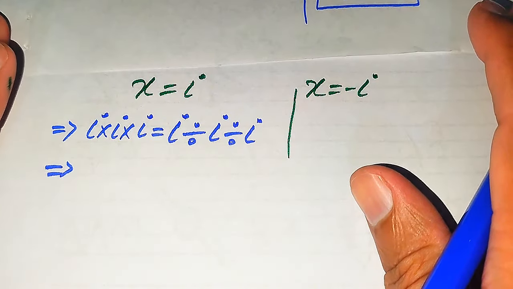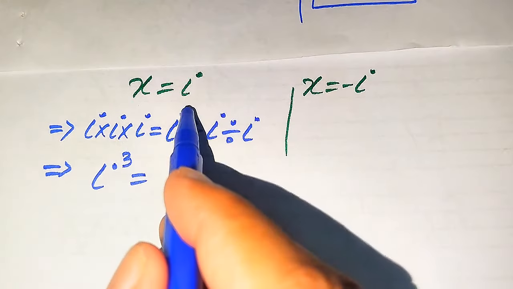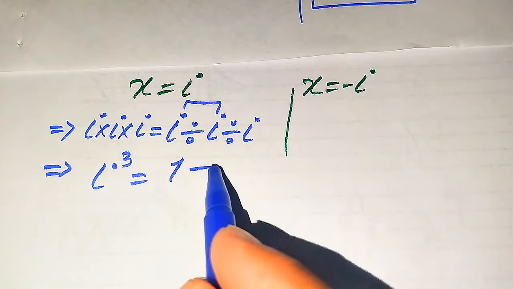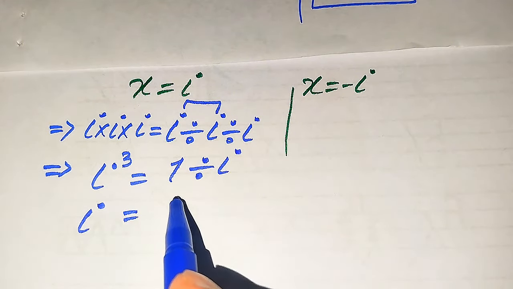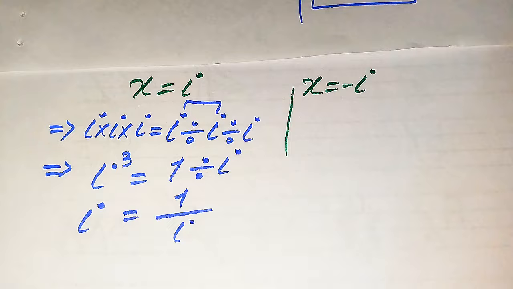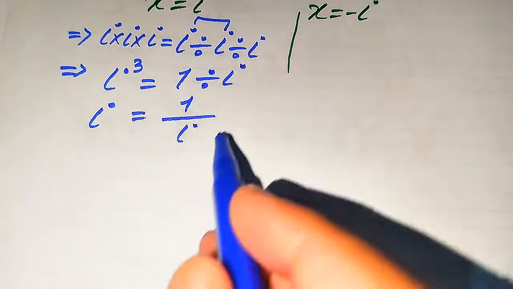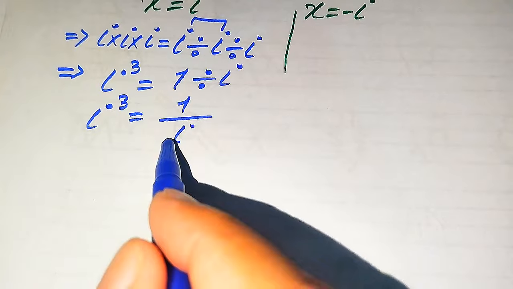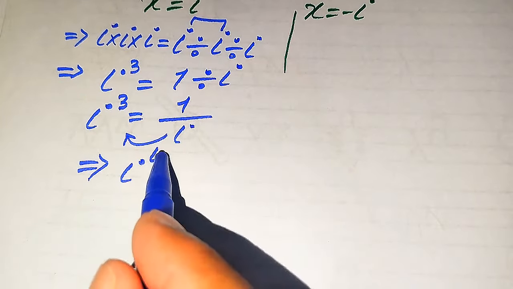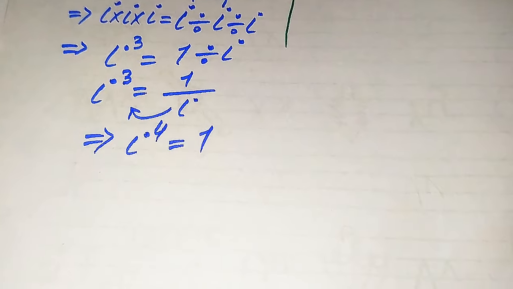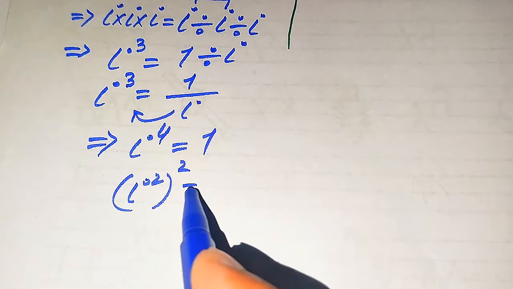So here you see that iota is multiplied 3 times and it will be written as iota cubed, and when we divide these terms, it becomes 1 divided by iota. So we write 1 divided by iota as 1 over iota, and further we move this iota to the left hand side, and when we multiply iota with iota cube, it becomes iota to the power of 4 equals 1. Now we write iota to the power 4 as iota square whole square equals 1.